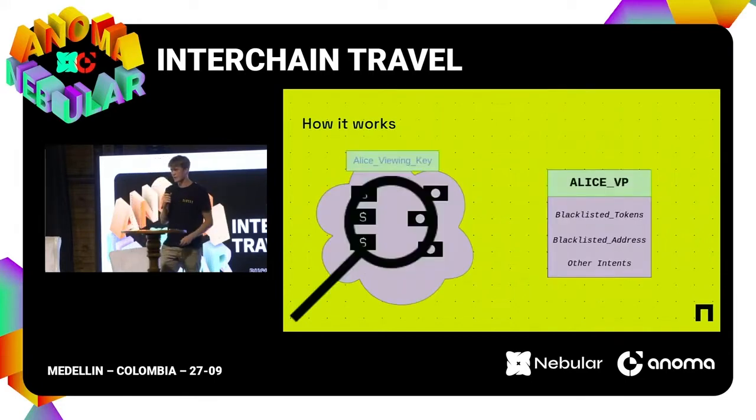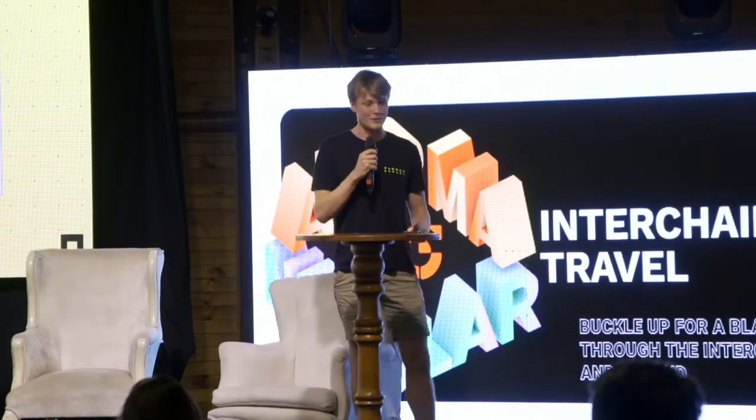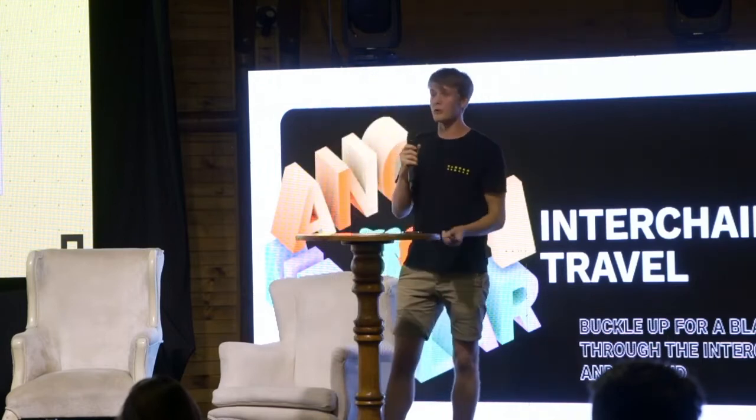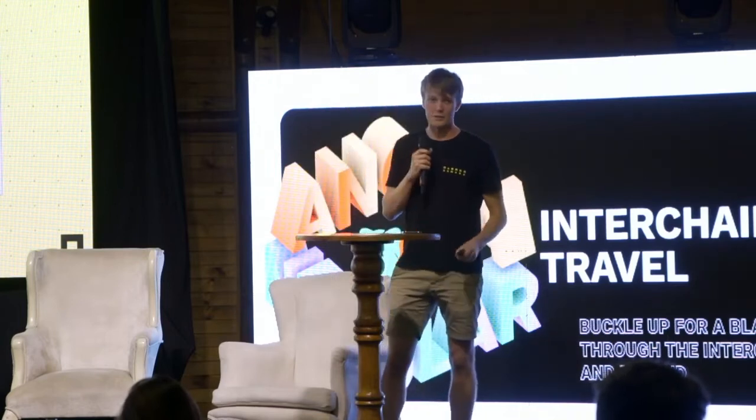And in addition to this, we also have the ability for Alice to have the discretion to reveal exactly what subset of this information she wants to reveal, and also to what subset of people she wants to reveal it to. So a very relevant use case of something like this is perhaps what you want to be revealing to the OFAC board to prove that you're not interacting with any sanctioned addresses.